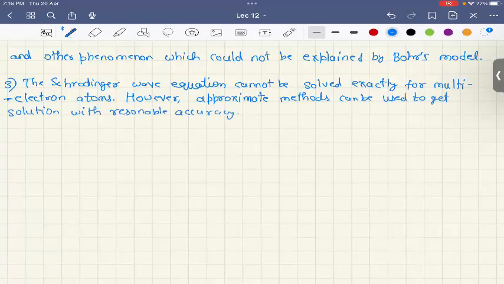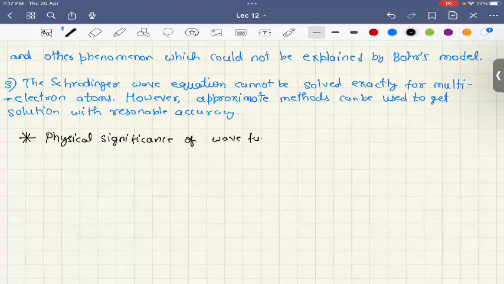So let us understand the physical significance of the wave function, which is denoted as psi. In the physical sense, psi gives the amplitude of the wave associated with the electron.